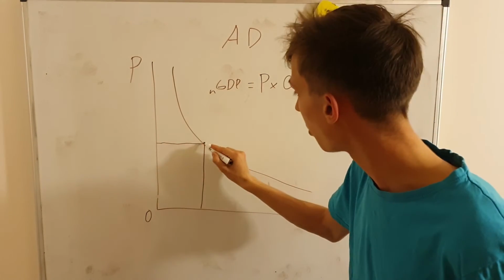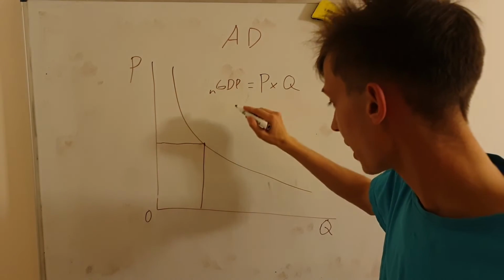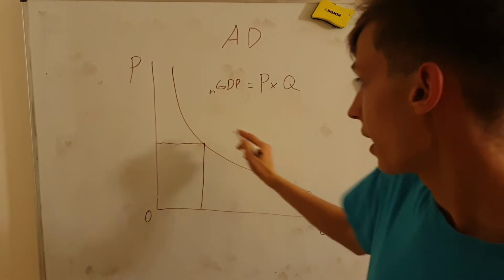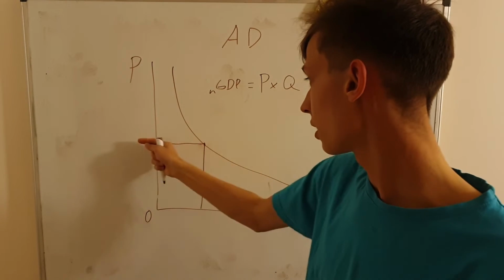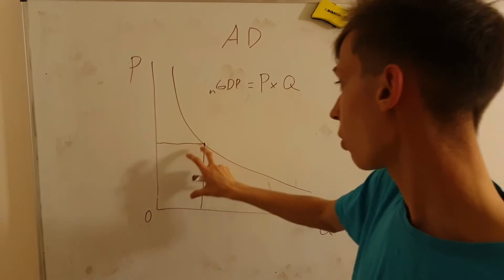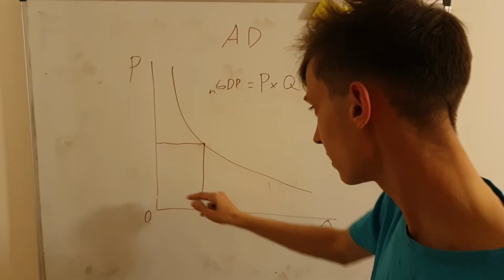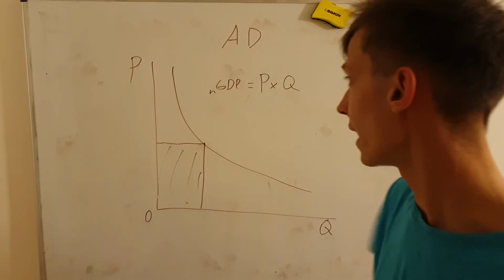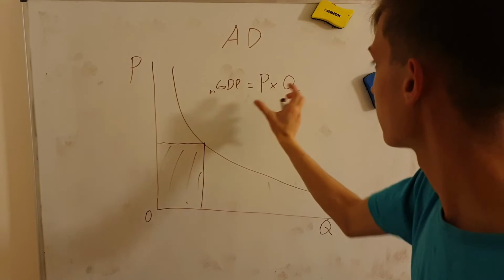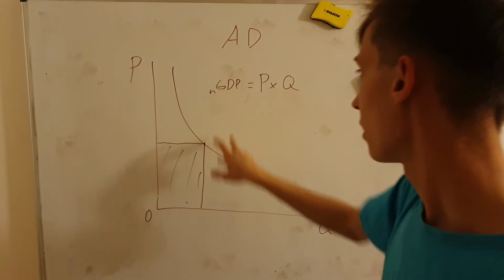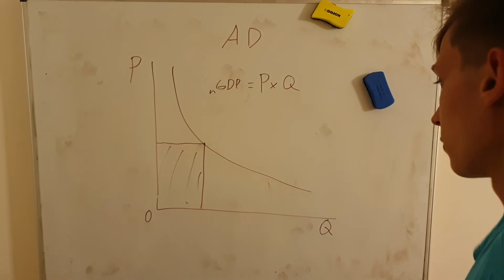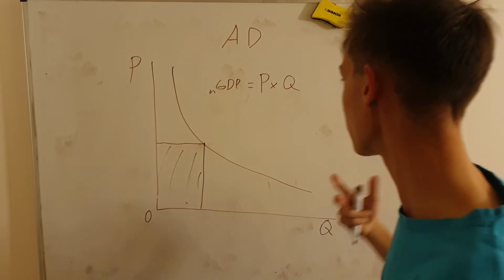So if we take a point on this curve and project it right below onto the x-axis, onto the horizontal Q1, and project it horizontally to the P, then the area enclosed by these two lines and the axes will be equal to the nominal GDP. Why? Because there is this relationship that nominal GDP is equal to price level times total output of the economy, in other words, real GDP.